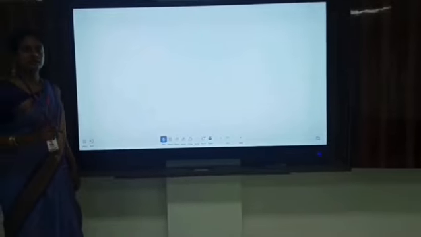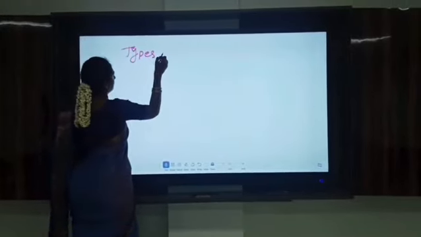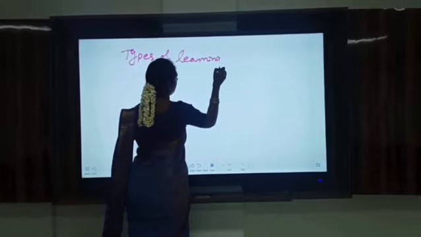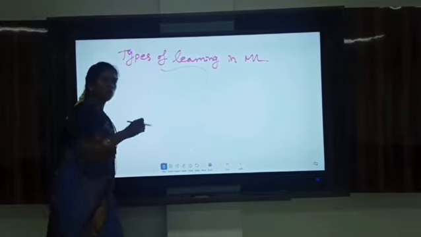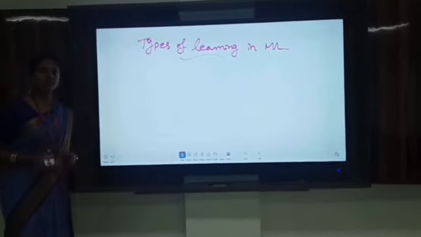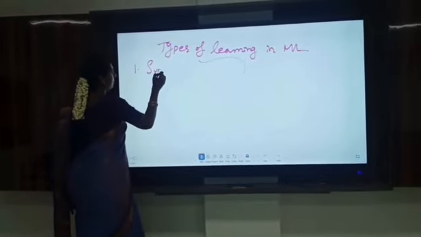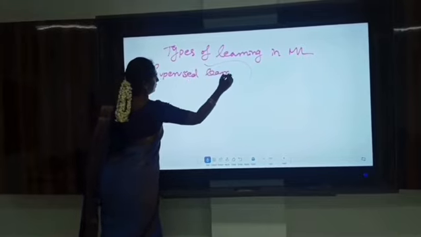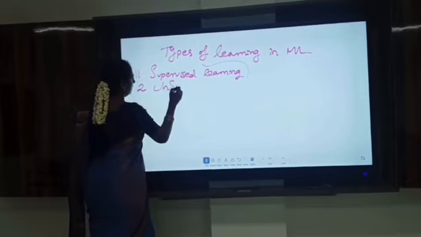The next title is types of learning. In machine learning, there are 4 types of learning. First type is supervised learning. Second one is unsupervised learning.